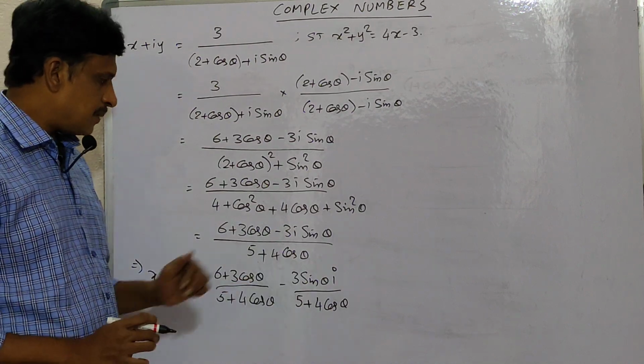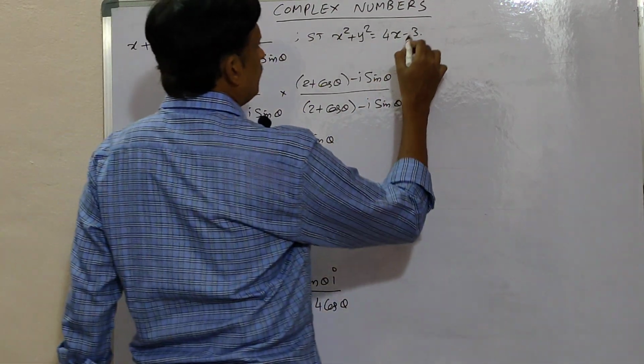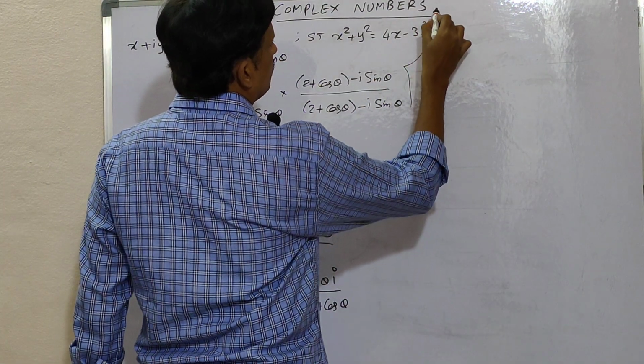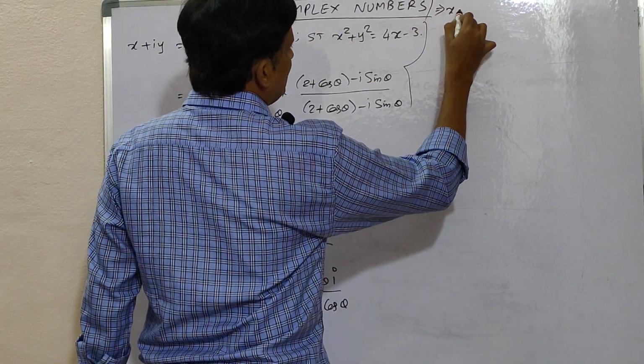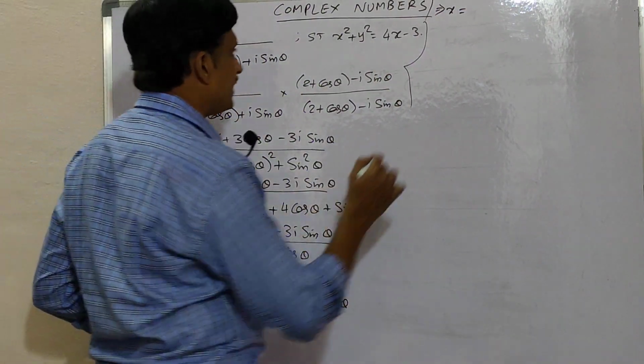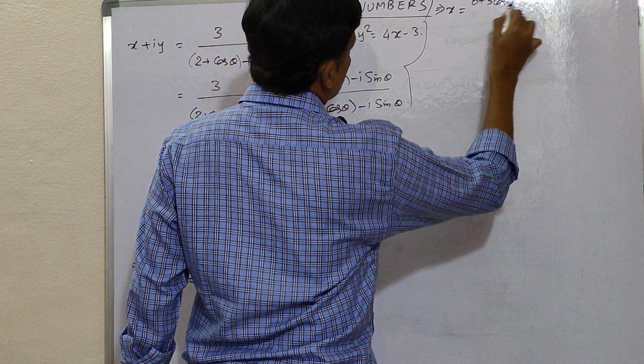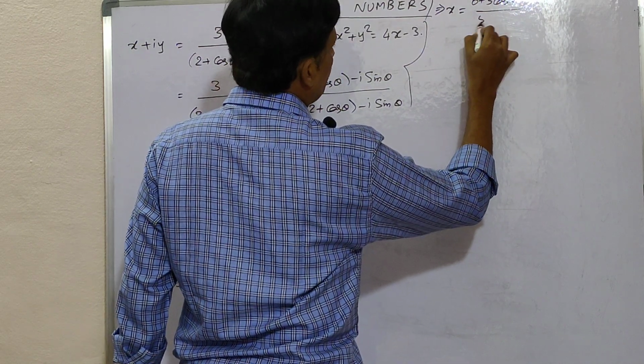So compare with x plus iy, then you are getting the x and y values here. So here x is equal to this one, (6 plus 3 cos theta) by (5 plus 4 cos theta).